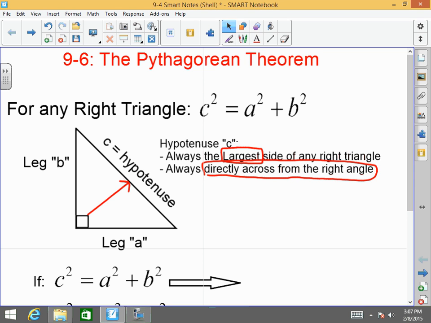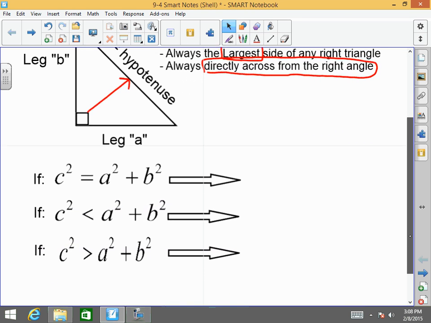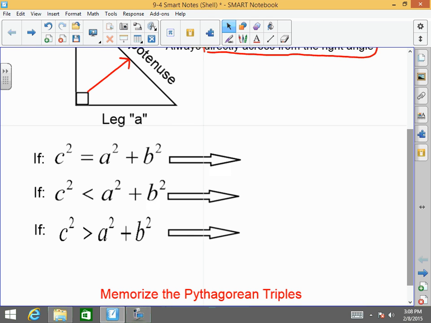Now the cool thing about, well, one of the many cool things about the Pythagorean theorem is that it doesn't always have to equal a squared plus b squared. If c squared equals a squared plus b squared, then you will always have a right triangle, period. There's no discussion here, that's just the way it goes.